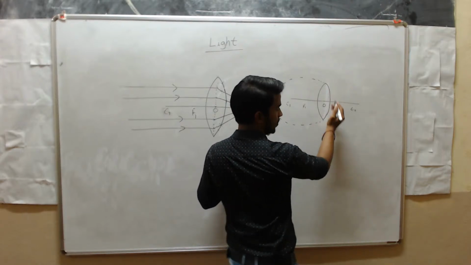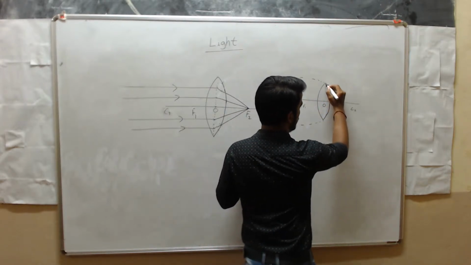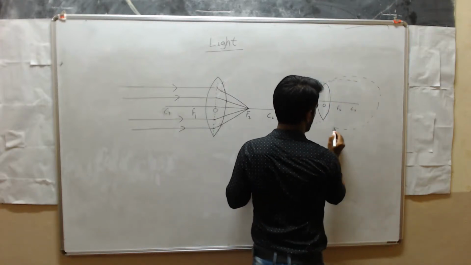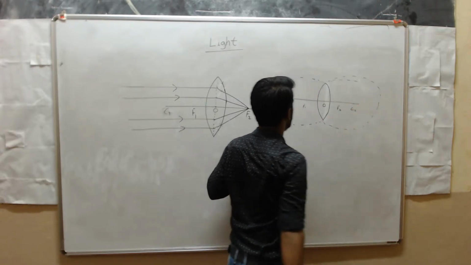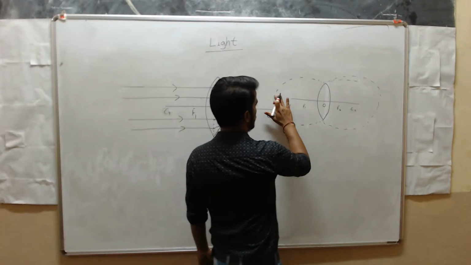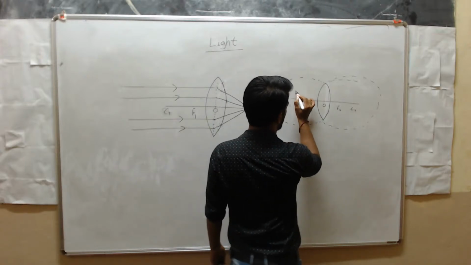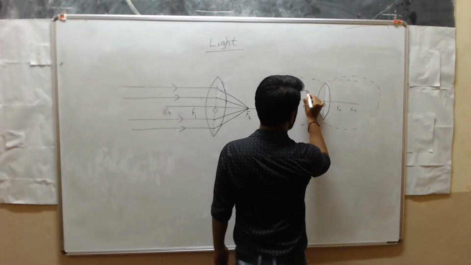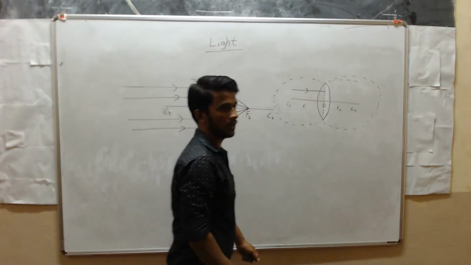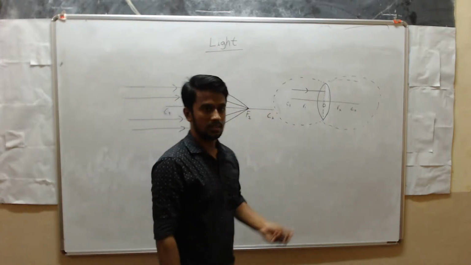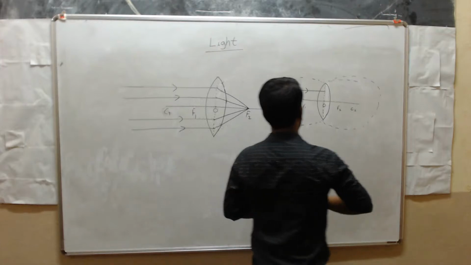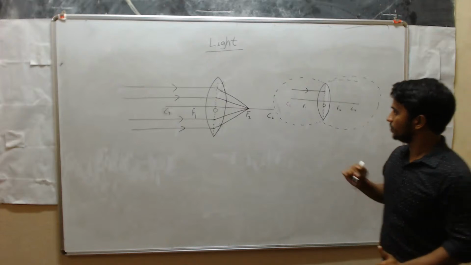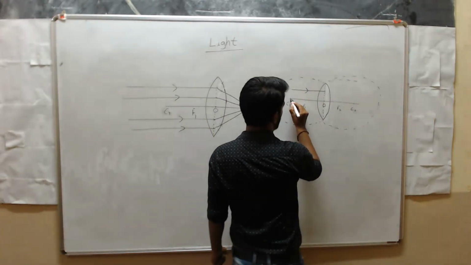Now this portion is a part of this side circle, and this portion is a part of this side circle. Just imagine I am passing a ray of light. This is my incident ray. Here also we should draw the normal from the center of curvature.